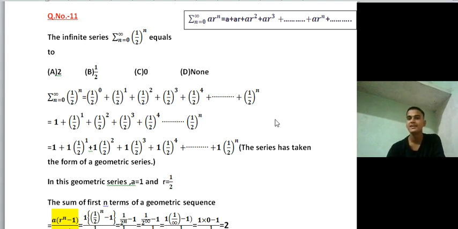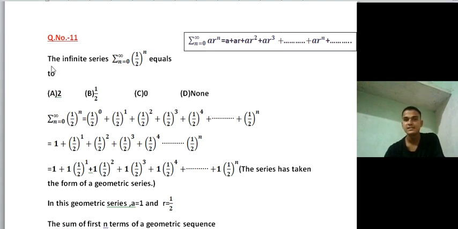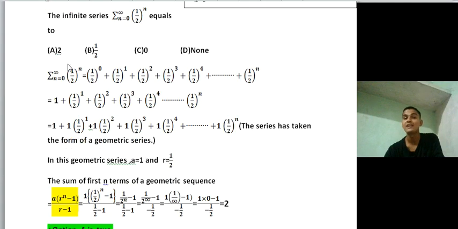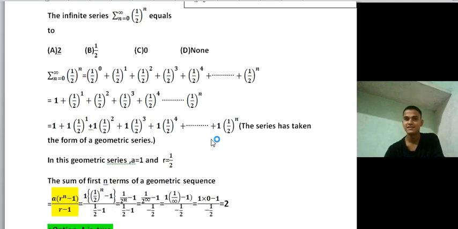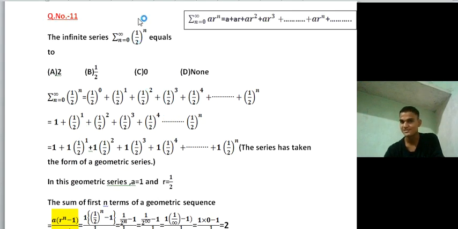So what will n be finally? n will be infinity finally. So this series is an infinite series. So what is the total number of terms of this series? We can say infinity, there are infinite number of terms of this series.